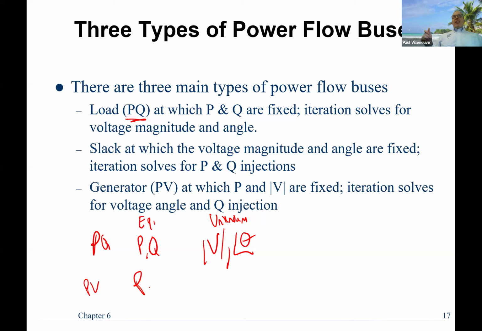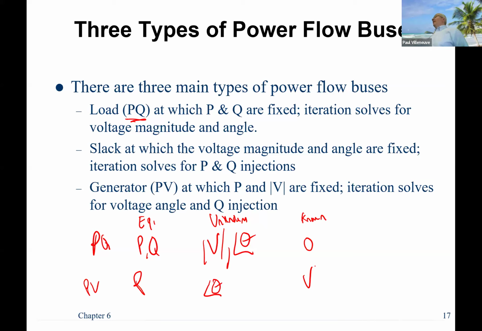So the equation I can write is P. My unknown here is theta. So maybe I'll even have a known over here. The known here is voltage. I know the magnitude of the voltage.